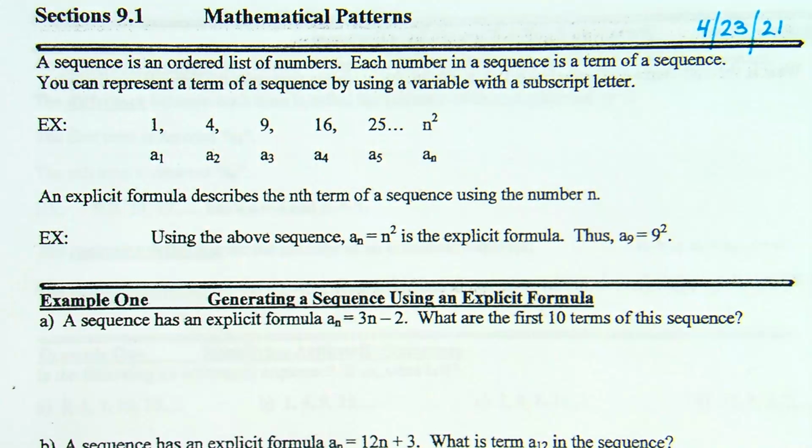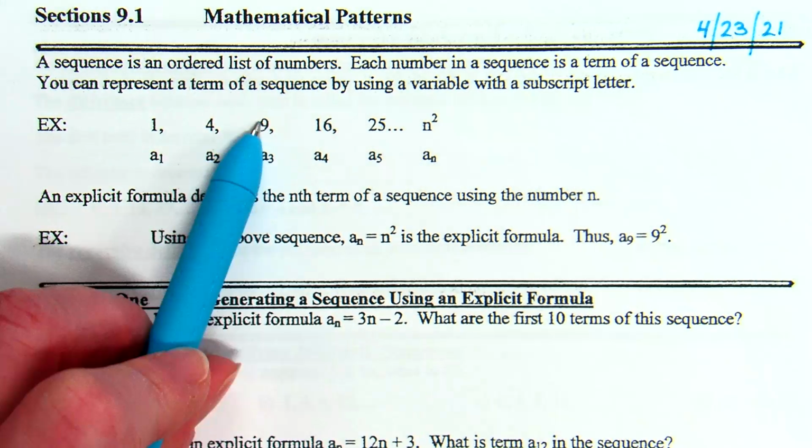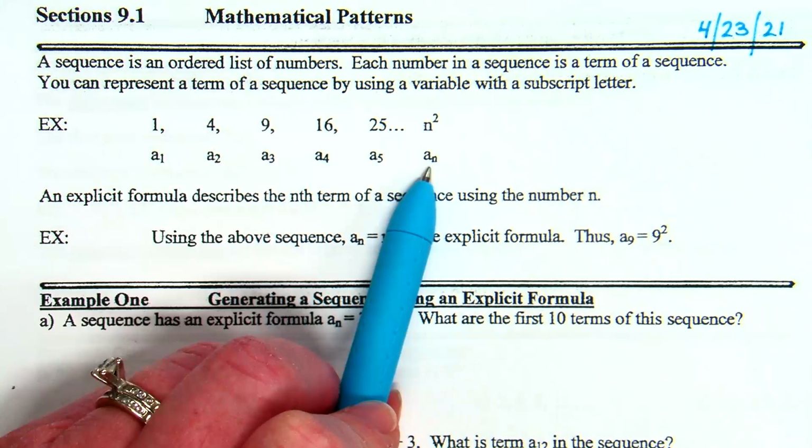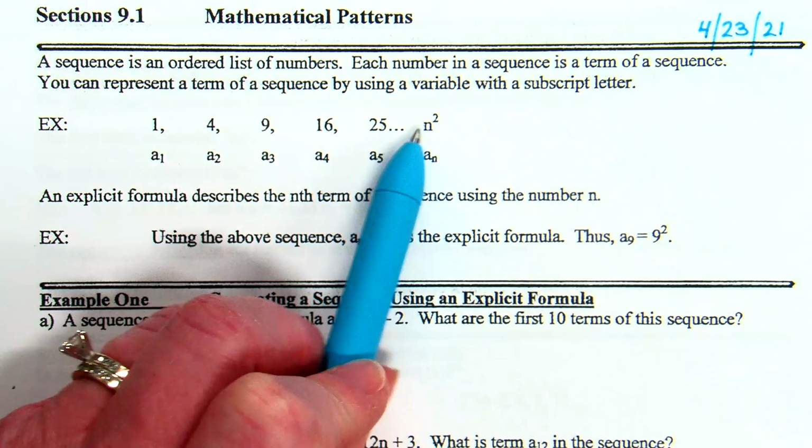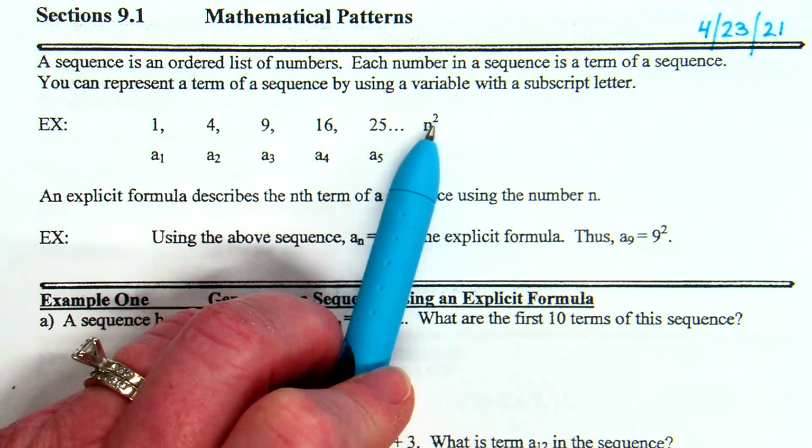A2 represents the second term, third term, fourth term, fifth term, and then right here, A sub n, this would represent the nth term. In other words, a sequence of numbers can go on and on forever, right? So this would be the nth term, and this would represent your pattern or whatever the rule is.